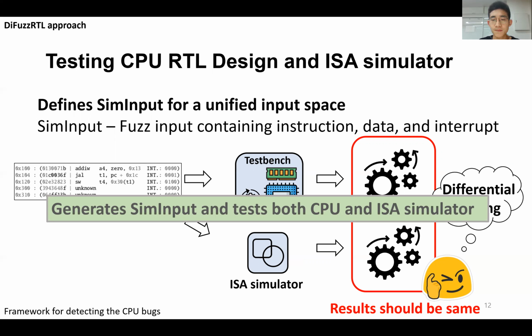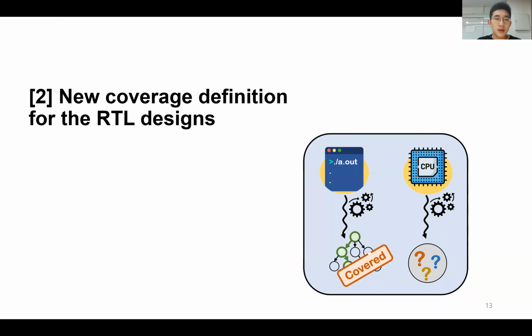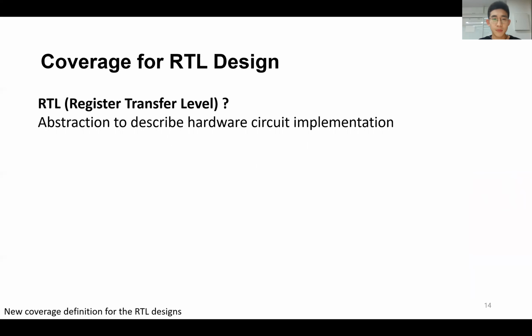Finally, we implemented the testing framework, which continuously generates the siminput and tests both the CPU RTL design and the ISA simulator. While testing the CPU designs, DifuzzRTL needs a coverage for the RTL designs, but we need a completely new coverage definition. To define such coverage, we first need to know how the RTL designs run. RTL is an abstraction of a language to describe the hardware circuit implementation.